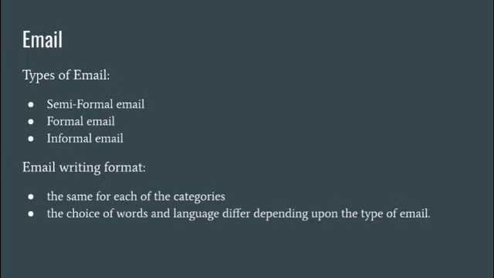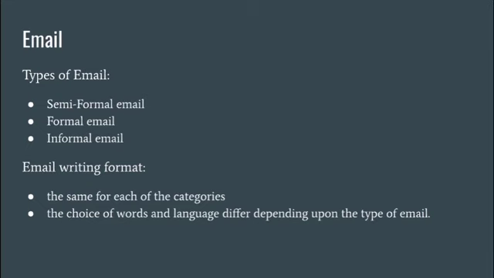Email. Now, letter writing is becoming outdated. Email is now the most common form to contact officials and other persons. Like letters, there are three types of email: formal, semi formal, and informal. What we call private letters, actually.